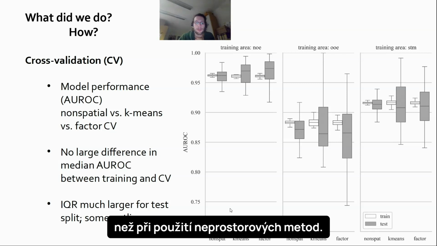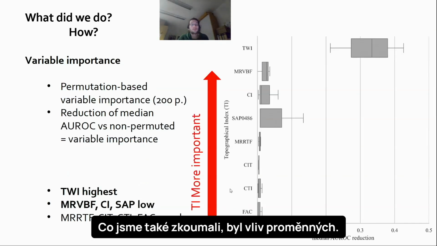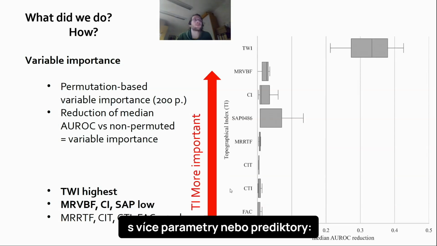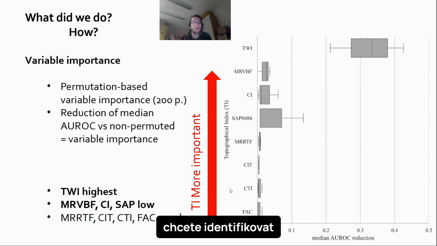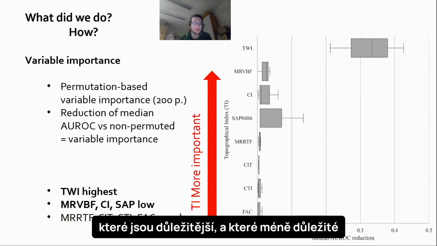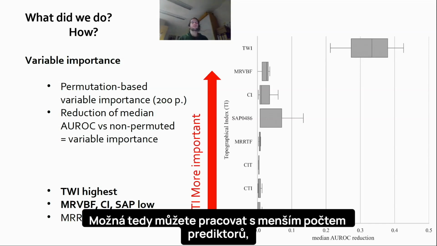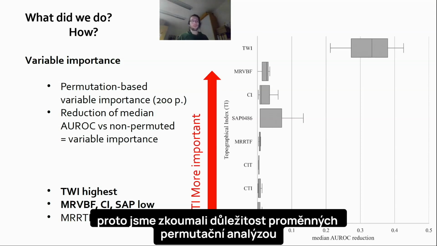What we also looked into was the variable importance. This is always a big question when you have a model with multiple parameters. You want to know which of the parameters or the predictors is more important and which are less important, which maybe can be omitted. Maybe you can do the whole thing with fewer predictors.